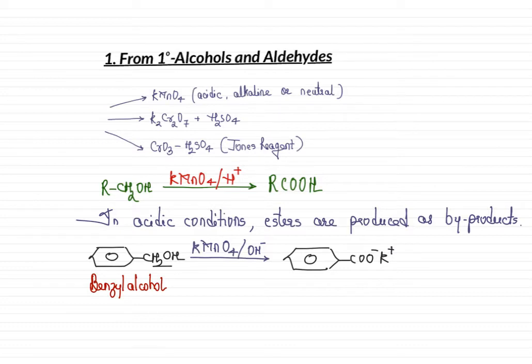The first thing you get is COO minus and K plus if KOH is used here. So I may directly put KOH. So in that case, you get K plus, and this needs to be then acidified. So once you acidify this, you end up getting the corresponding acid.